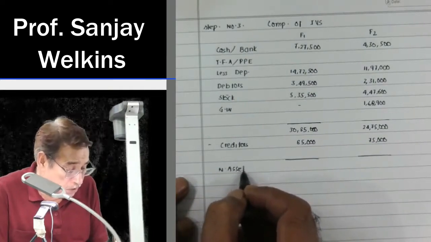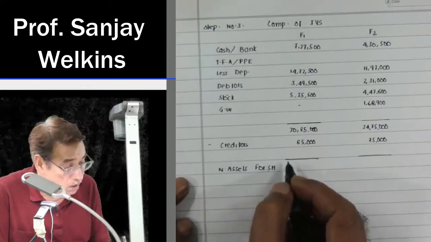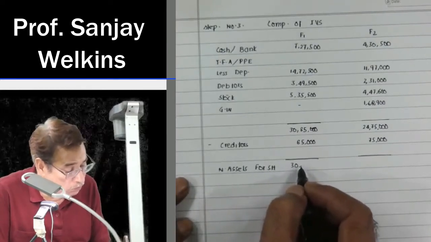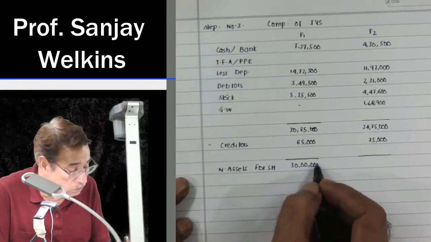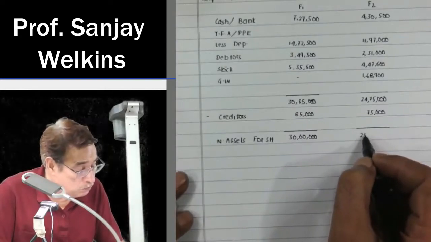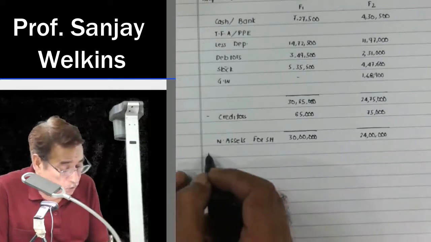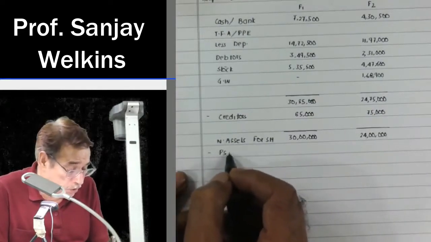Net assets for shareholders will be equal to 30 lakhs. Correct? And of course 24 lakhs. There is no preference share capital in this question.